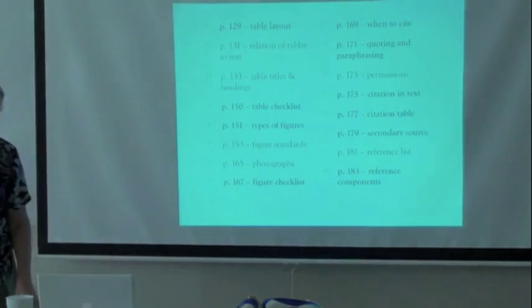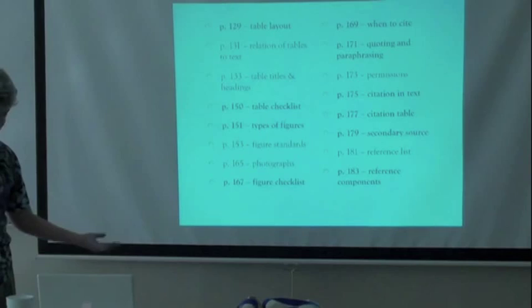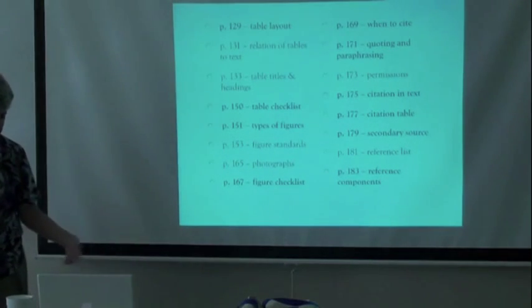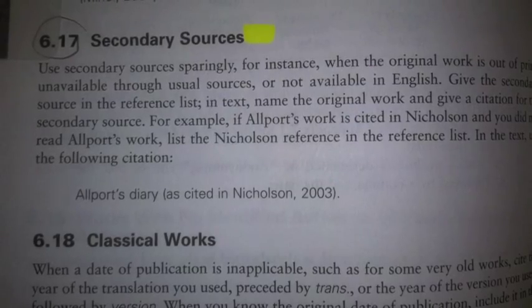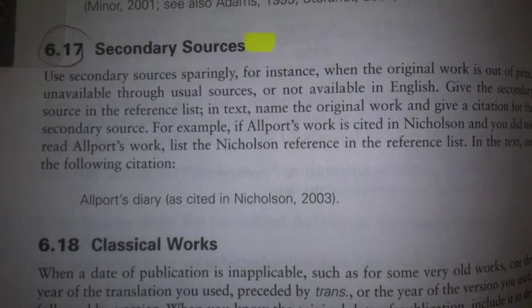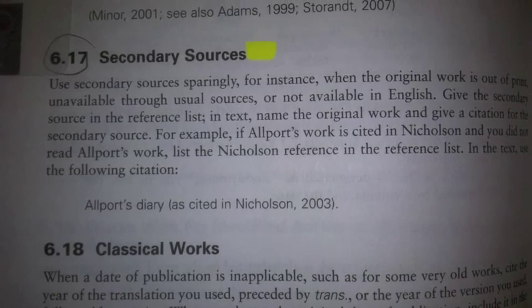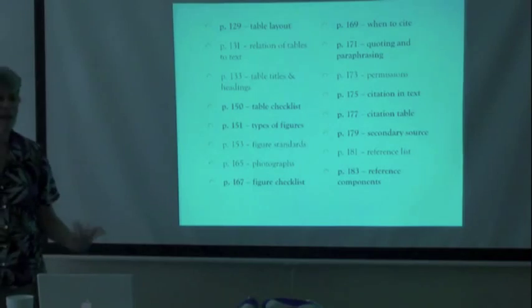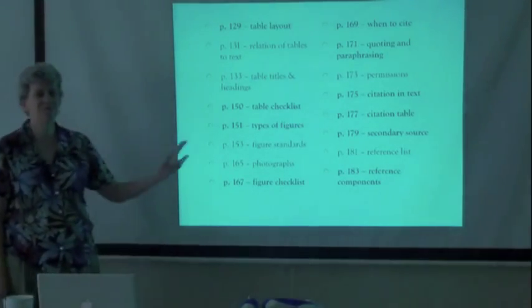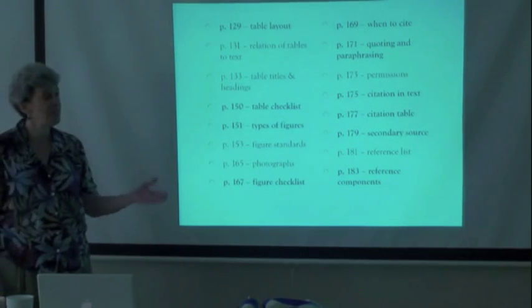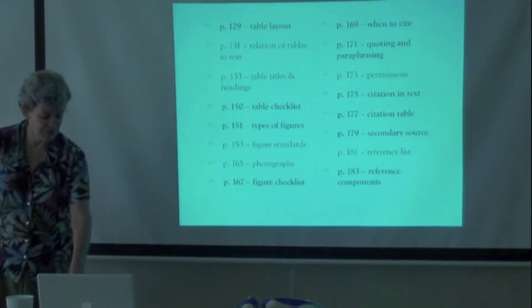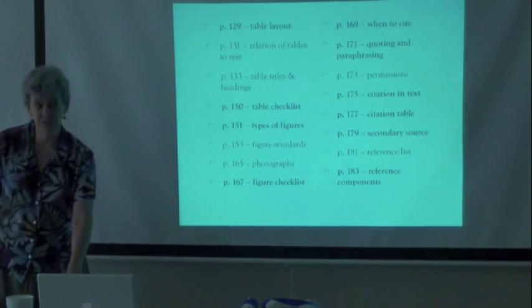So you would say, this has Alport's diary as cited in Nicholson 2003. That's the example in the paper. That means that the person writing the paper wants to talk about Alport's diary, but they don't have Alport's diary. Alport's dead and gone from a long time ago. I'm just making that up. But Nicholson talked about it, so I'm going to talk about Nicholson's interpretation of it.